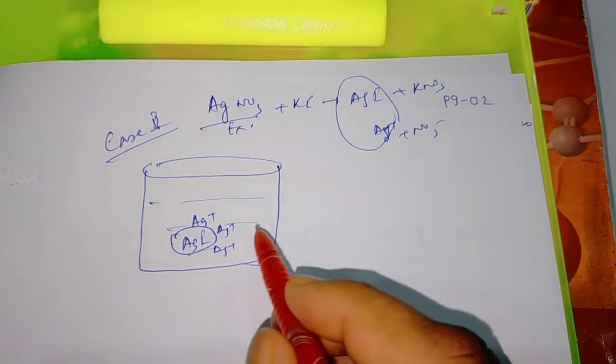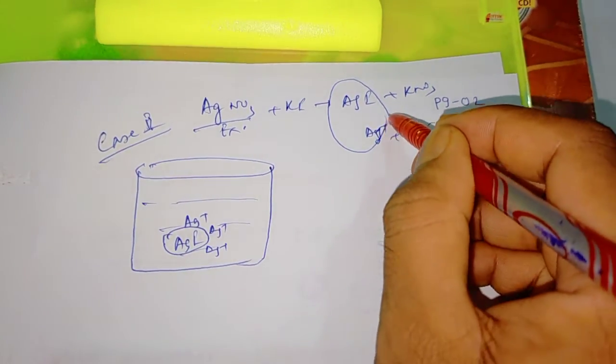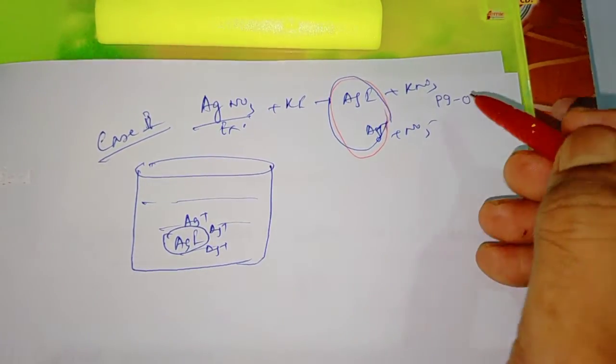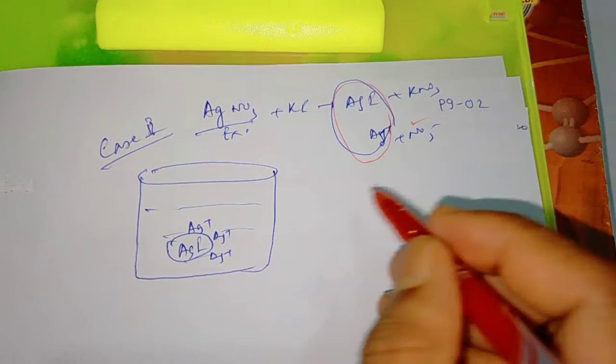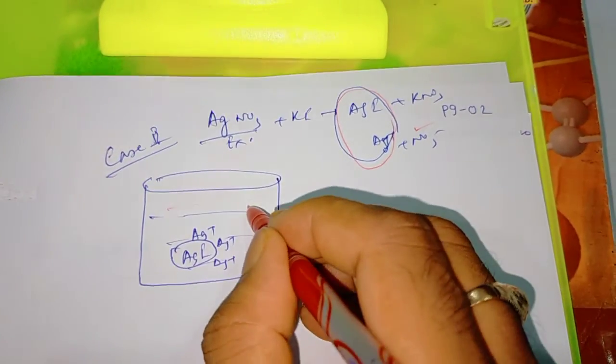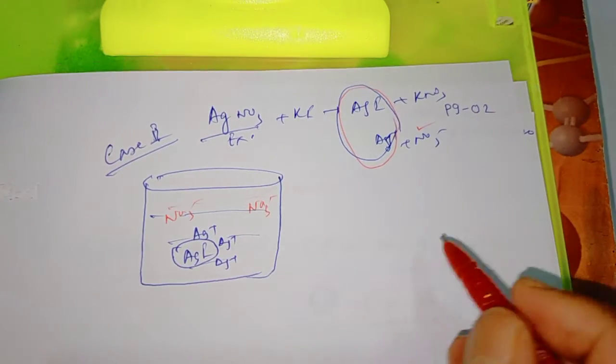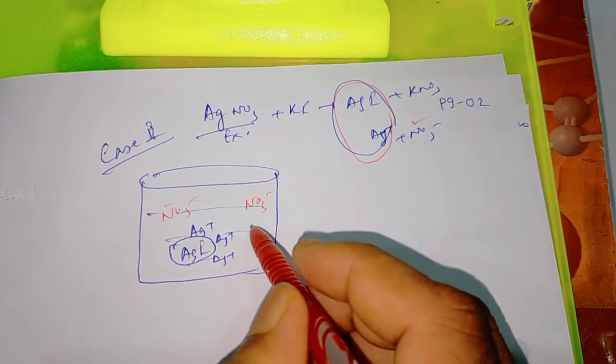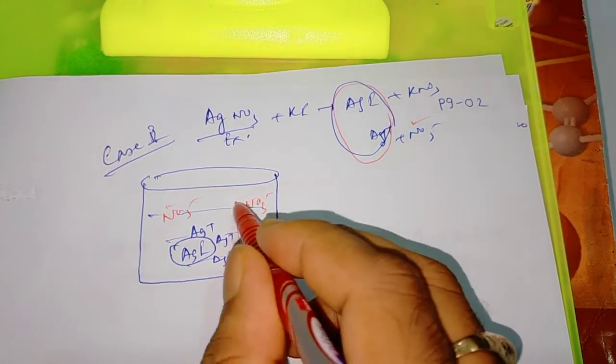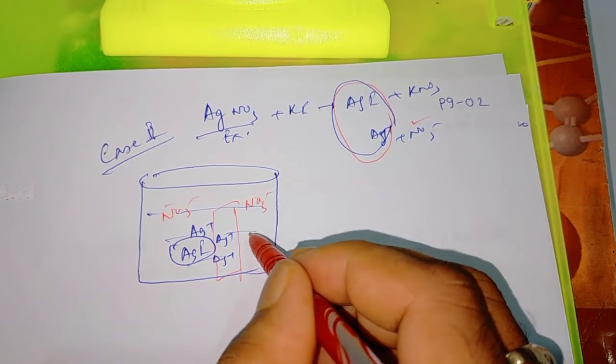Now student, one thing I want to tell you, that if silver gets adsorbed on silver iodide, we have NO3 negative in the solution. In this one we have NO3 negative, NO3 negative. So these silver ions attract the NO3 negative.